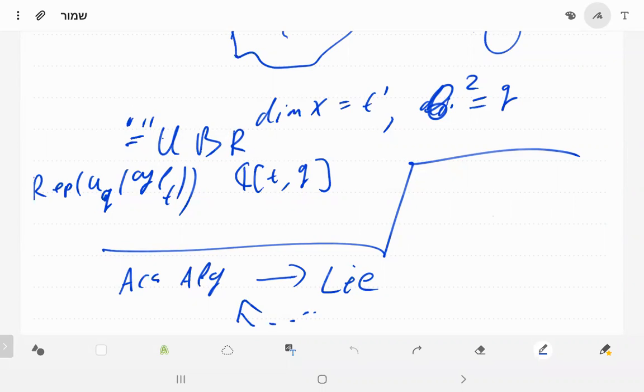And now there is the notion of representation of the Lie algebra, and there is also the notion of representation of the universal enveloping algebra, and more or less by definition, they are the same.